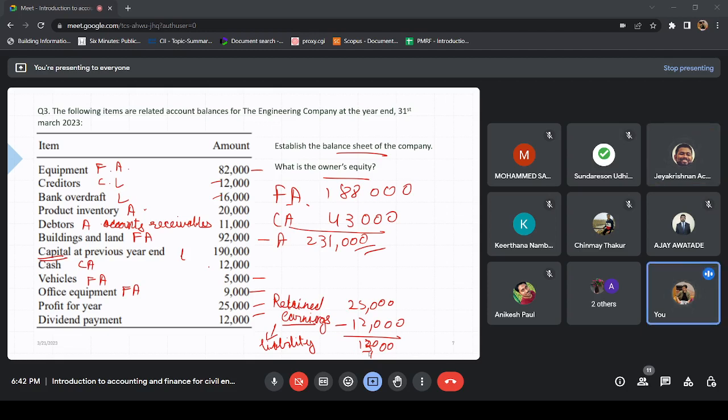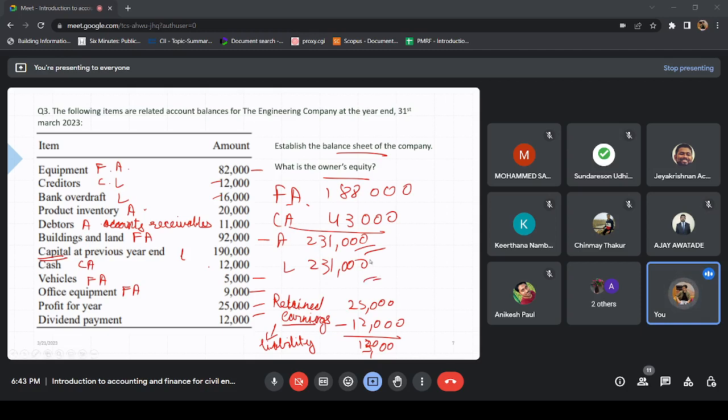That is 41, and 190, 231, right? Yeah, 12 plus 16 plus 13 gives you 41, and with 190, you have got 231 as your liabilities.